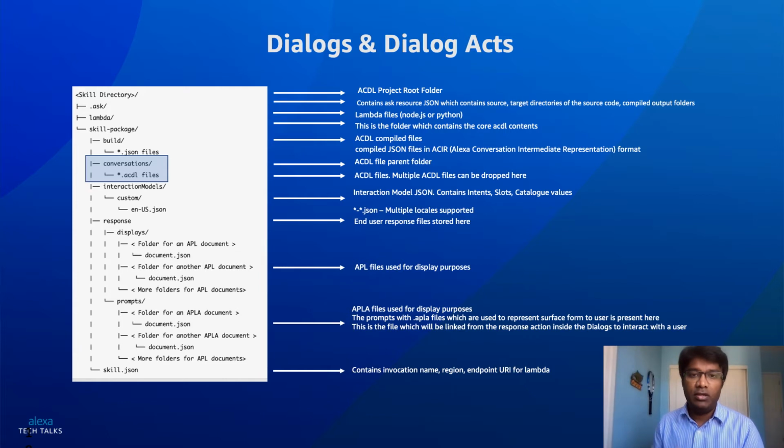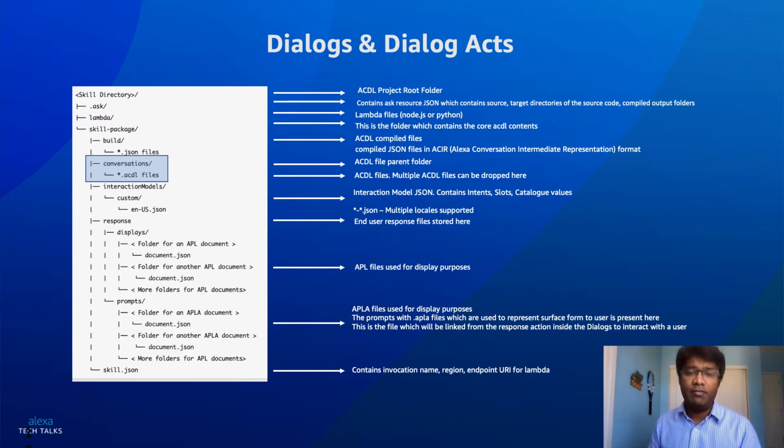As you might see here, the skill package in the ACDL folder is the primary core subfolder under the parent ACDL directory, which contains all your ACDL files and your APLA files, which are needed to train the models and to present the data to the customer through Alexa devices when the response comes back from the backend. This skill package is where you will be spending most of your time creating artifacts.